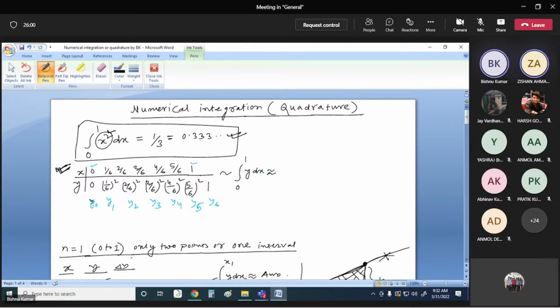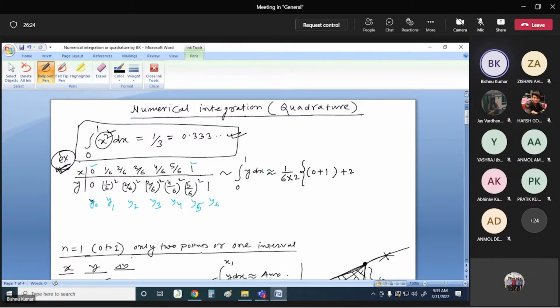Yes, sir. What is h by 2 in this data set? Sir, h is 1/6, so h by 2 is 1/12. Inside: first point plus last point of y ordinates, y0 plus y1, plus 2 into the intermediate y ordinates.